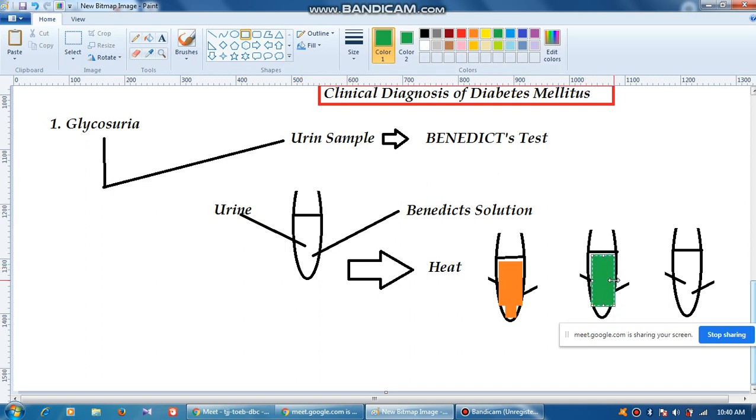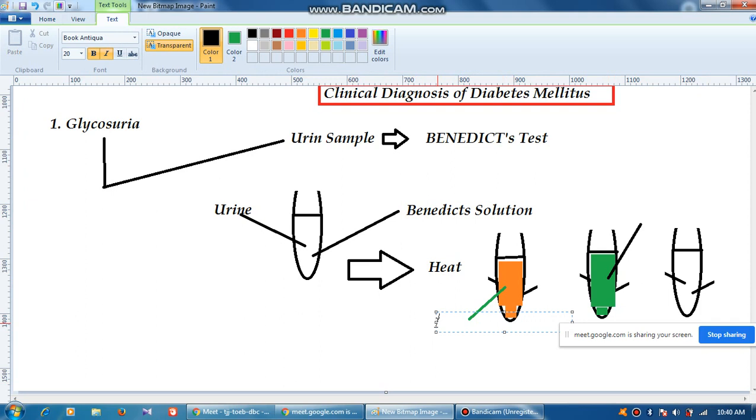And again, it could be colorless. So 3 things can happen: one, brick red color; another, green color; and another, no color change. So we'll see what will happen.